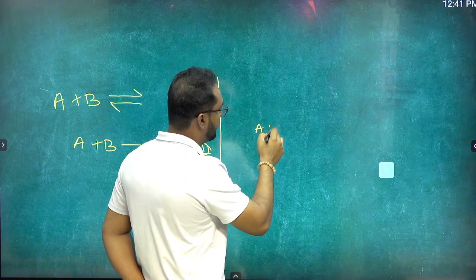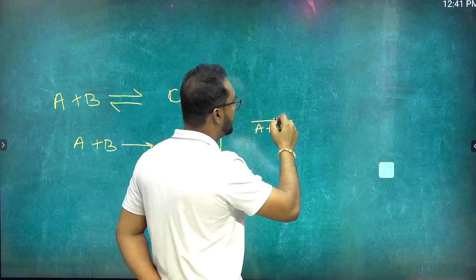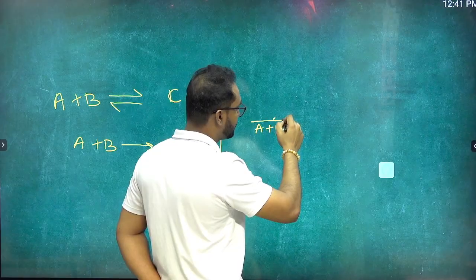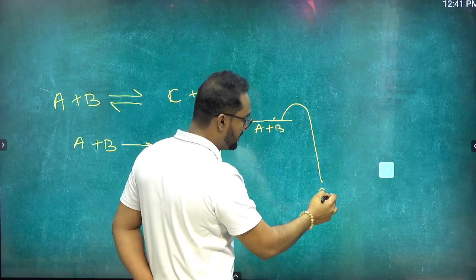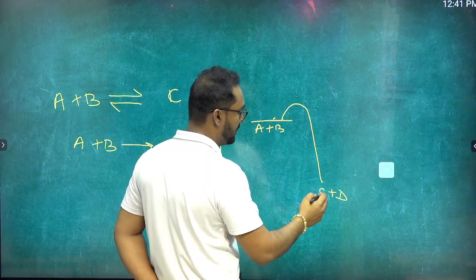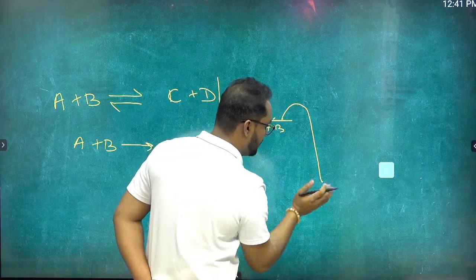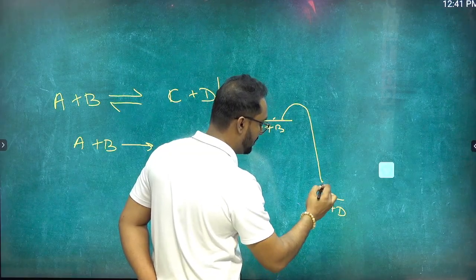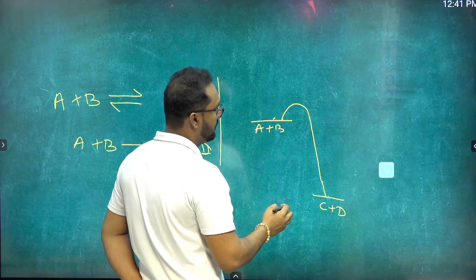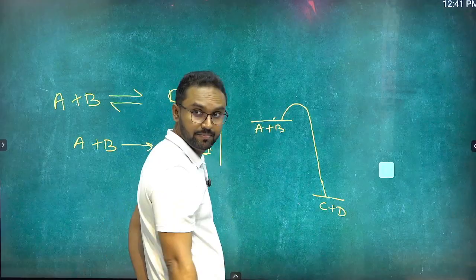Let's say A plus B reacts and produces C plus D, right? And do you see that this is the forward reaction?